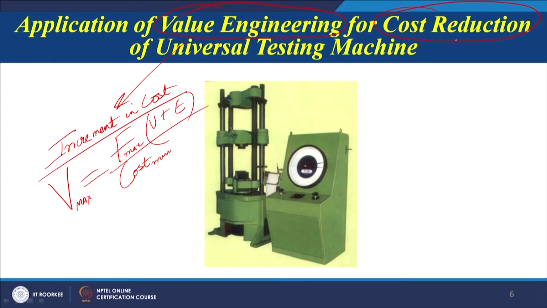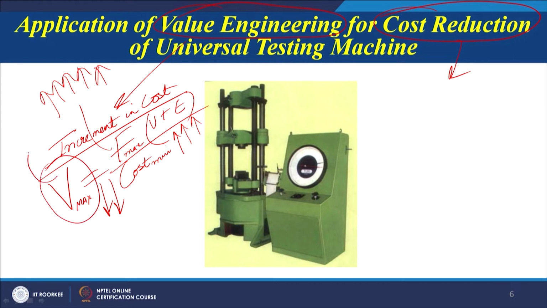Cost reduction basically means that cost has to go down necessarily, whereas in value engineering the cost may sometimes go up, but the increment in the functional value will be extremely high. So, although the cost is increasing, the overall value is improving because there is a large increment in the functional value of the product.